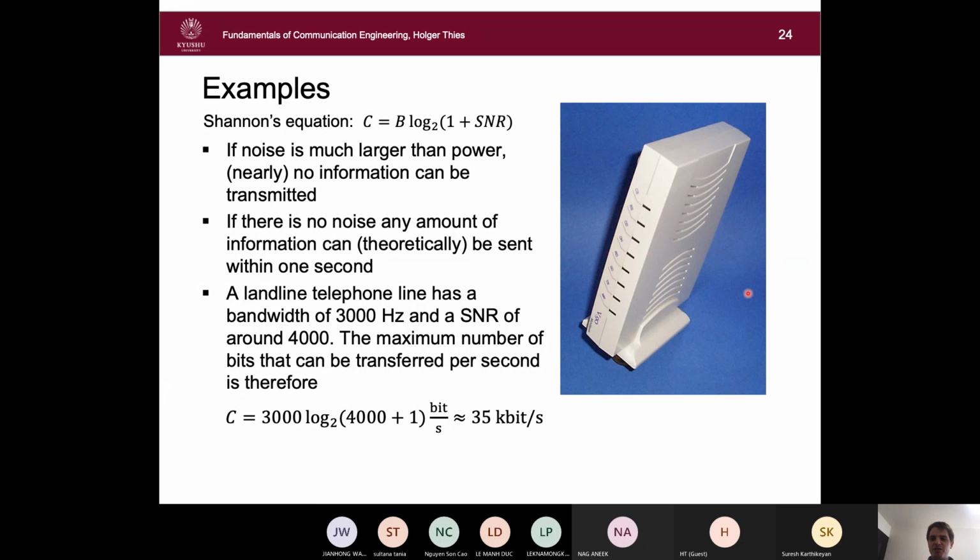However, maybe if you're old enough, you remember that some later models allowed speeds up to 56 kilobits. The reason behind this is that they did not really just use the landline, but they used some tricks to achieve higher bandwidth.